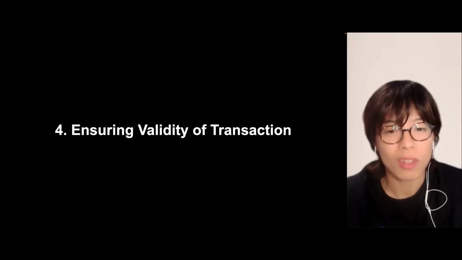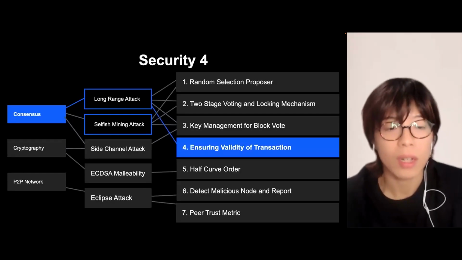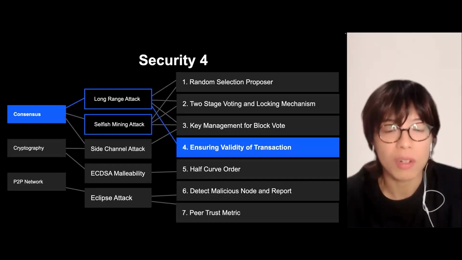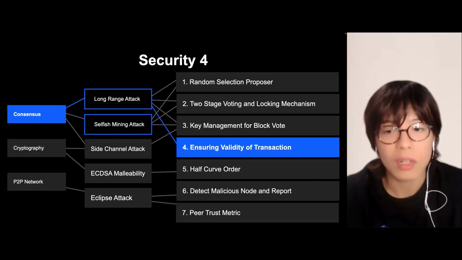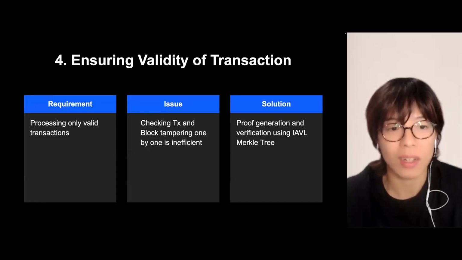We've been talking about blocks, and for the fourth security measure I'll talk about the effectiveness of a transaction. Regarding the transaction approved by blocks, that's how a transaction gets confirmed. So how can we confirm its security?